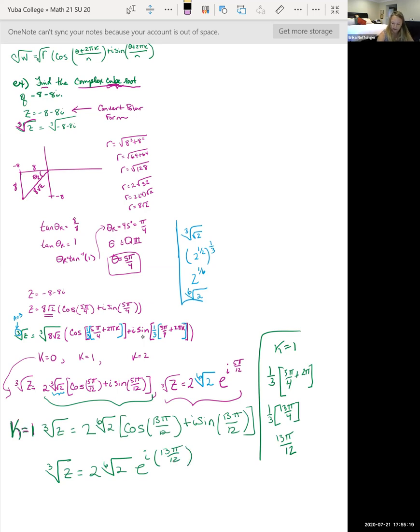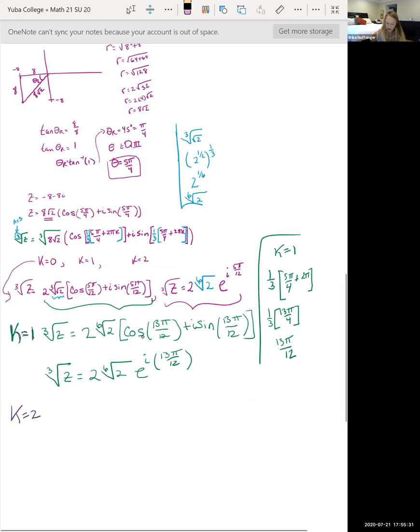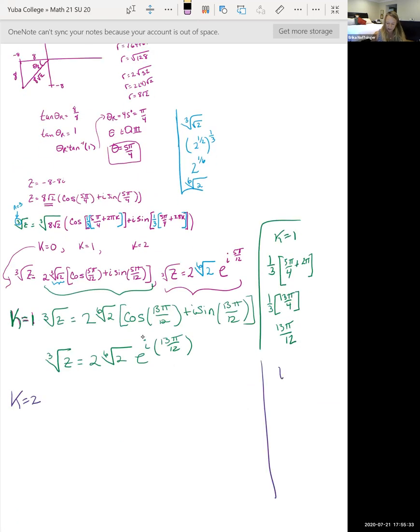So one more value we have to look at, and that's when k is equal to 2. So let's just again do some side work. So when k is equal to 2, we have that 1/3, the root we were taking, of theta, which we found to be 5 pi fourths, plus 2 pi k.